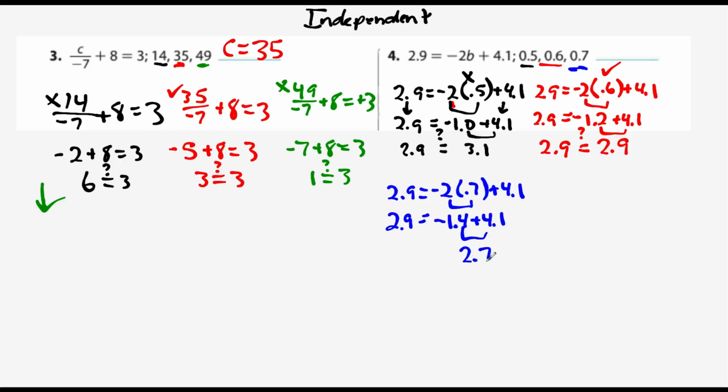So this becomes 2.7, still positive. Does that equal 2.9? No, it does not. So our only correct answer is 0.6, so we can say that B equals 0.6. And that's really all there was for the top four. Try all three, pick the one that's right, be done. Okay.